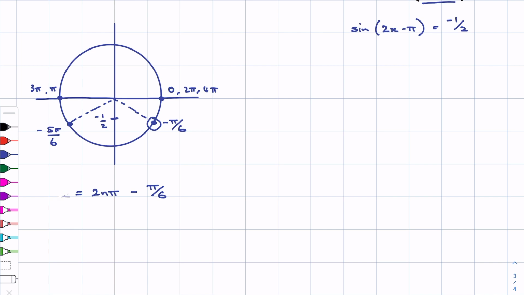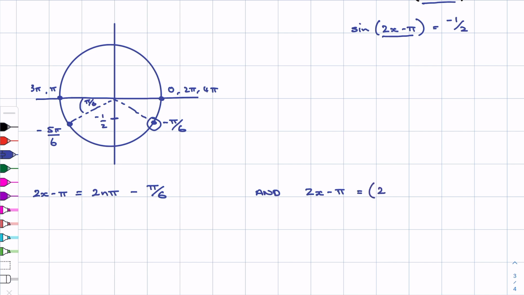Just remember that we are talking about this whole term, so I've got 2x minus pi, and the other one is 5 pi on 6.